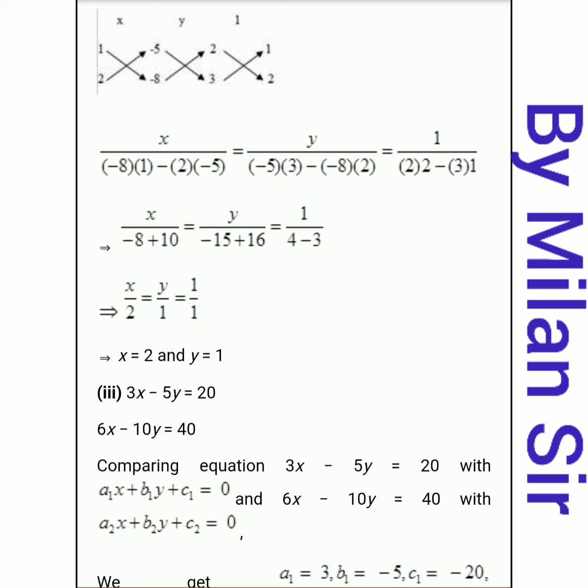Now simplify this. First of all x as it is, and in denominator plus 10 minus 8, it is 2. Big number sign it is positive, right? Now these two terms are in addition subtraction process. Here we do addition subtraction process.